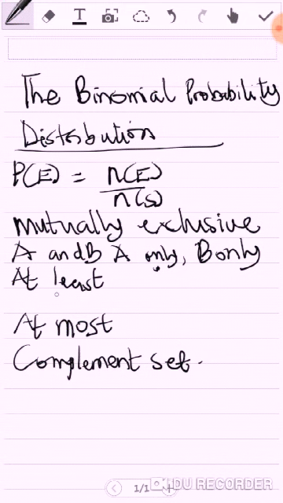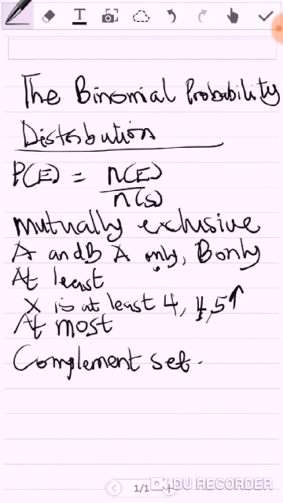Let's go to at least. So let's say S is at least 4. It means that S starts from 4, 5 upwards. So at least is the least of the numbers of S is 4.